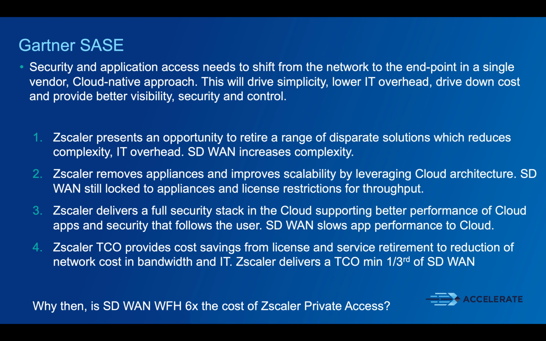Zscaler removes appliances and improves scalability by leveraging cloud architecture. SD-WAN is still locked to appliances and license restrictions for throughput. So if you do start adopting 5G, it's not going to help you when you have an appliance that can only give you throughput of 20 or 30 megs. So it's like building a 5-lane highway, but you're only allowed to use 1 lane. It doesn't really make much sense.